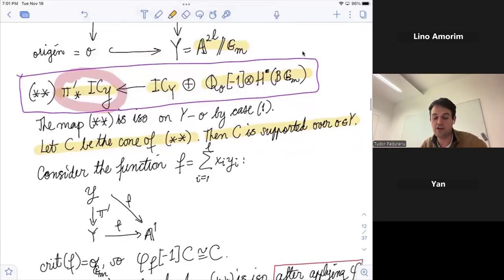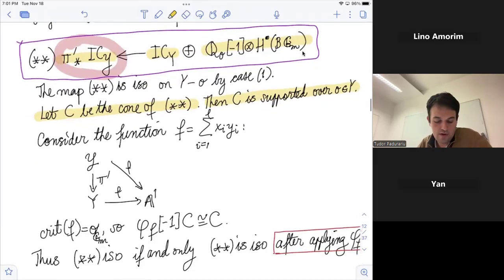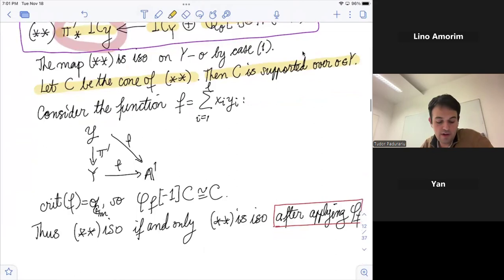So we consider the function F, which is the sum of x_i y_i from i equals 1 to L. I use the notation F for both functions, on the stack and on the good moduli space. So the critical locus is just origin mod GM. Now I'm writing phi_F[-1].